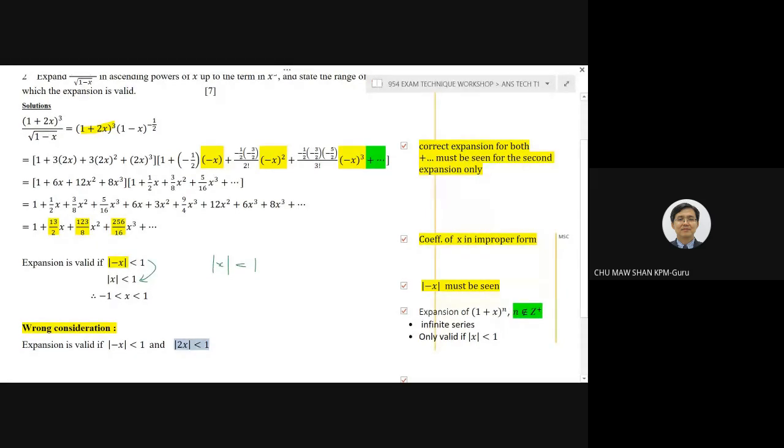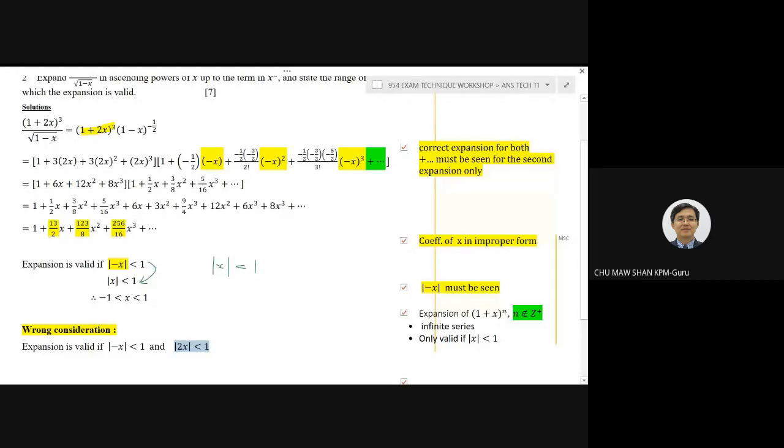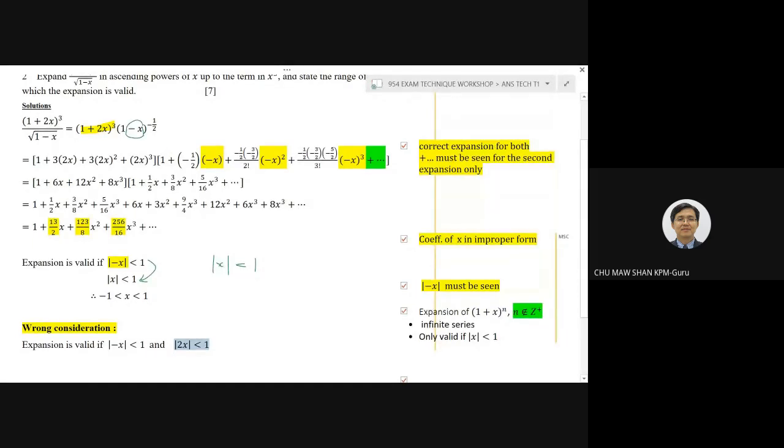But still they want us to write in a correct concept. This is the terms that we consider. Negative x modulus there less than 1. Because some might say this one only. Tak betul. It must be the whole negative x.